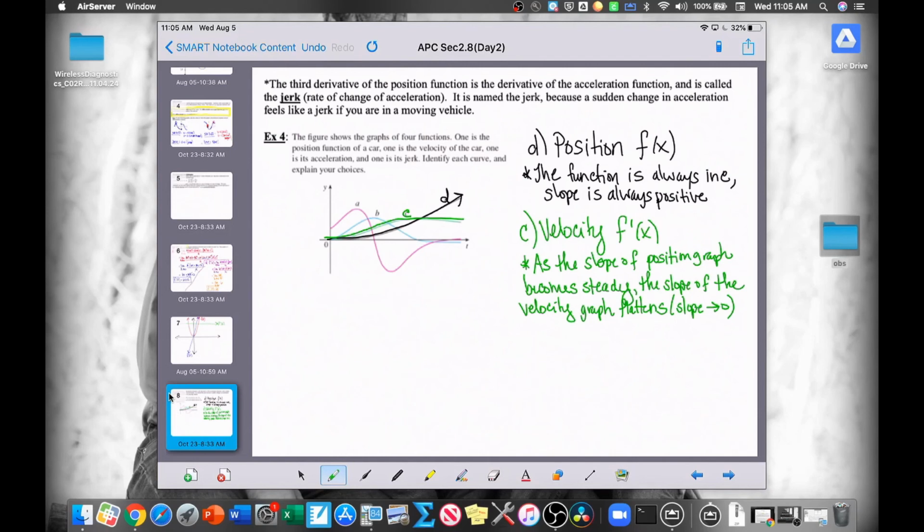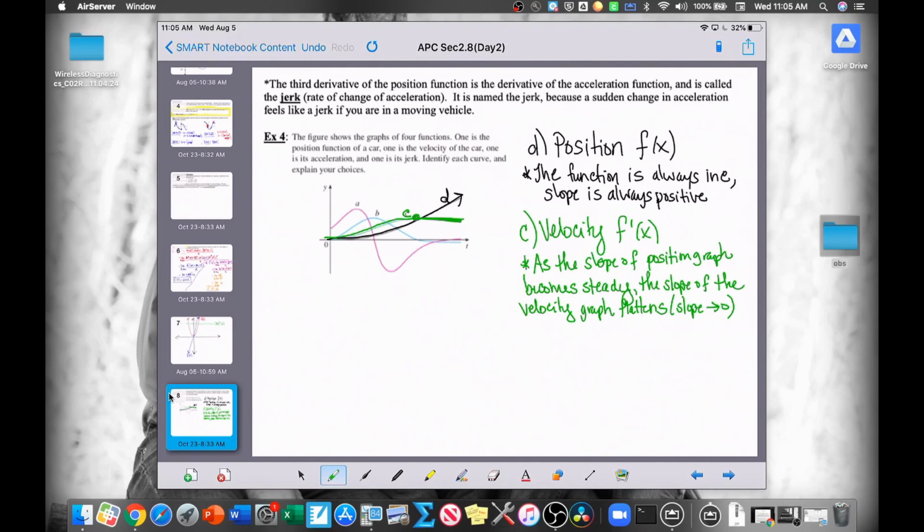All right, so now that we've determined position and velocity, our next job is to decide which one is acceleration. We have two options left. Okay, so what we're looking for in part C is, since it looks like we have a very slight, and I'm looking at graph C, we have a very slight decrease right here. I would be looking for a graph at this point right here.